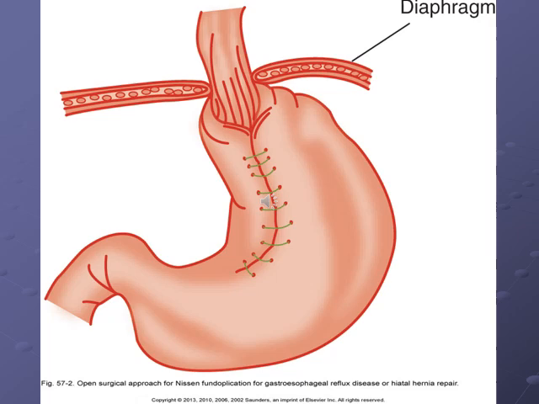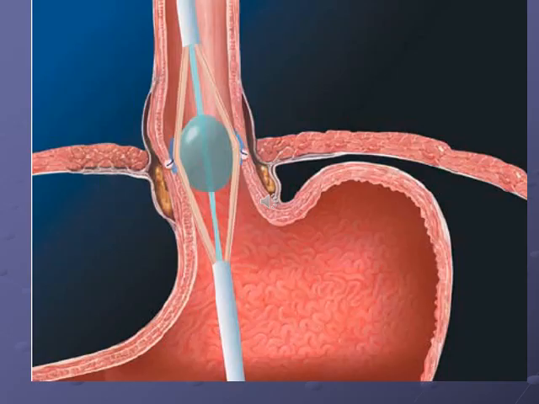But it does really well for a lot of people, and it can help them greatly reduce the amount of medications they're on and help them be much more comfortable and free of heartburn type symptoms. But again, if they get sick, they typically can't vomit because they can't surpass that tight area that they have made. So this is a picture of the Stretta.